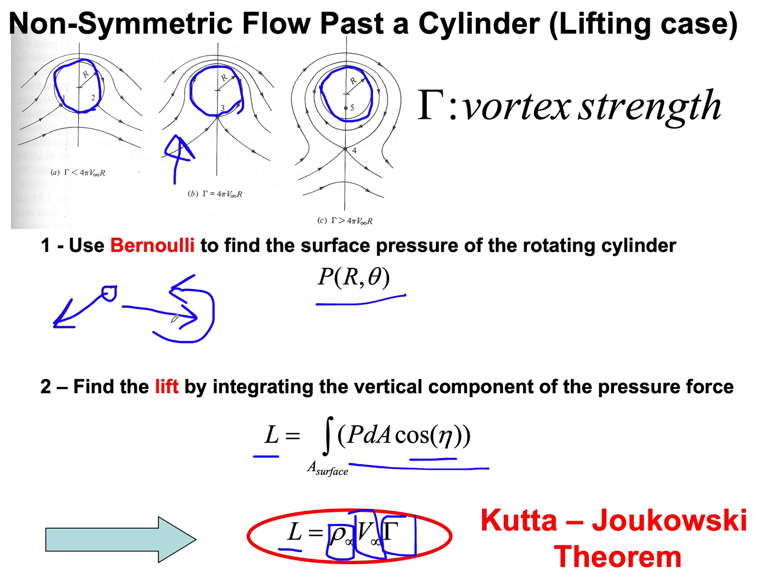So V infinity is going to the right, sorry. The circulation is counterclockwise, which means that the lift is going to come out of the page, out of the plane of the page that we are looking at.